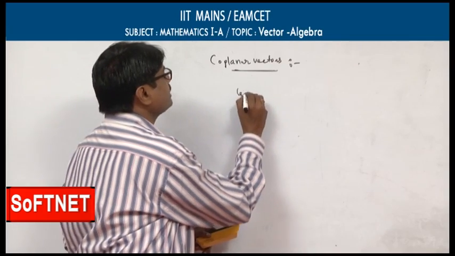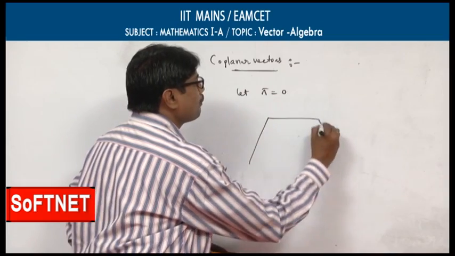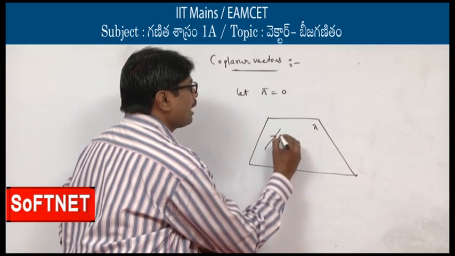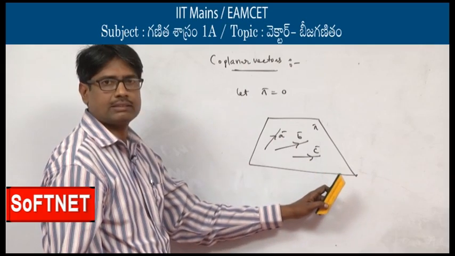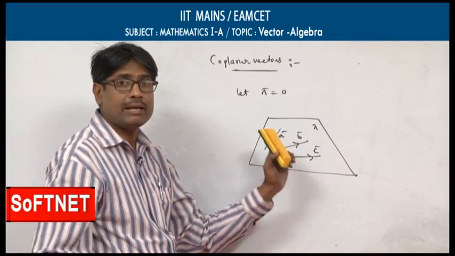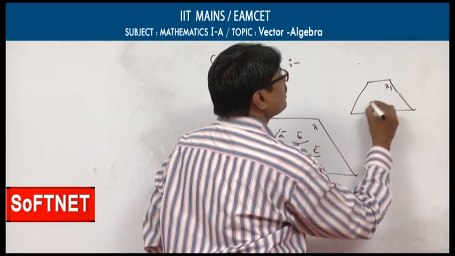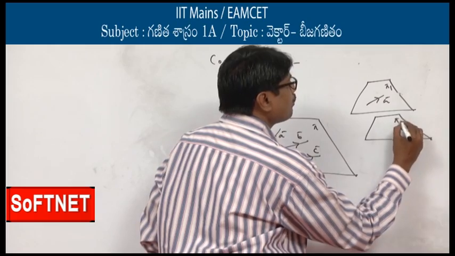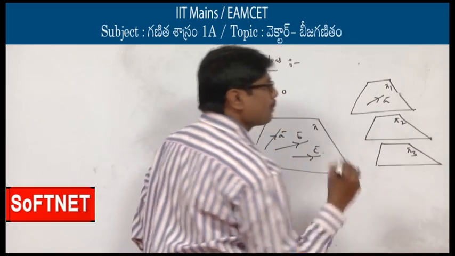For example, a plane is denoted by pi equal to 0. Consider one plane pi and three vectors A bar, B bar, C bar. If they lie in the same plane, then we call these three vectors coplanar. Now consider three planes: pi 1, and pi 2 which is parallel to pi 1, and pi 3 which is parallel to pi 2.